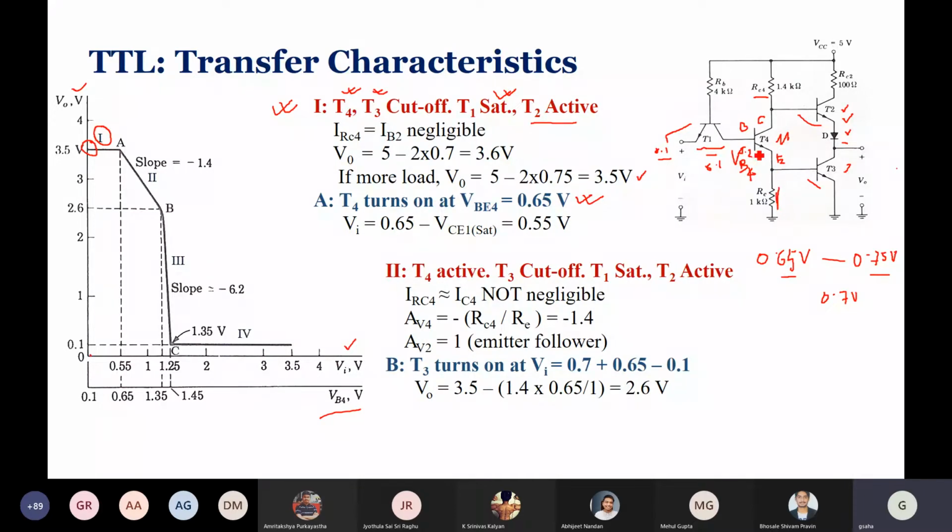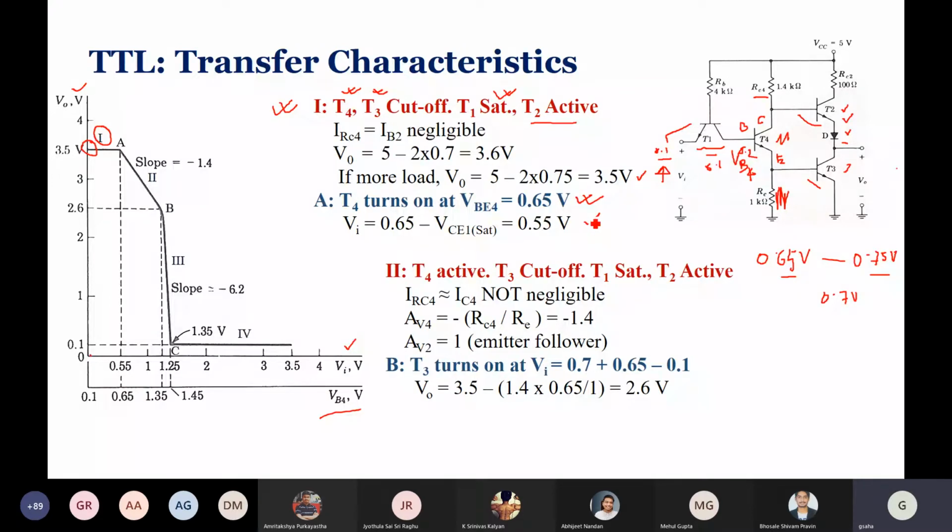VB4 and VB4 are the same because this drop is very negligible. So that is your 0.65 volt. And since 0.1 volt is over here because of T1 remaining in saturation, this is happening when it is just turning on, when you are gradually increasing the input voltage, to 0.65 minus 0.1, that is 0.55 volt.